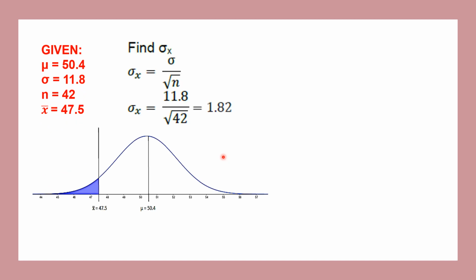So, this is our given. To find sigma sub x, we will use again this formula because it involves an infinite population. So upon substitution, our answer is 1.82. Please input it in your calculator and verify that you got the correct answer.